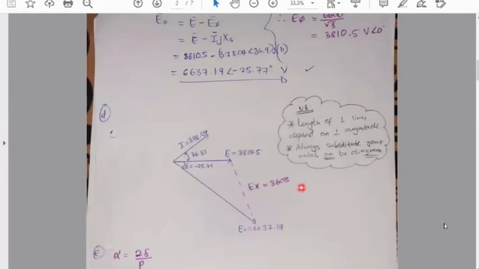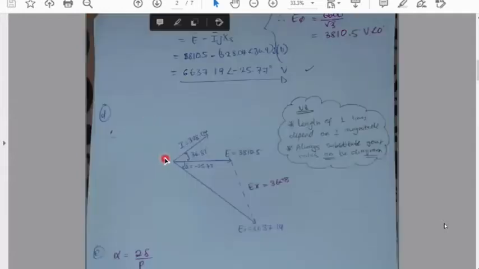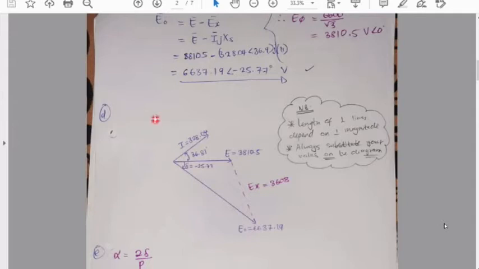One more thing to take note of. By the way, the parallel of this, another line, will be here. I think your lecturer included that, like a dotted line, an extended line here. I didn't. One more thing to note is that the length of the lines actually depends on the magnitude.